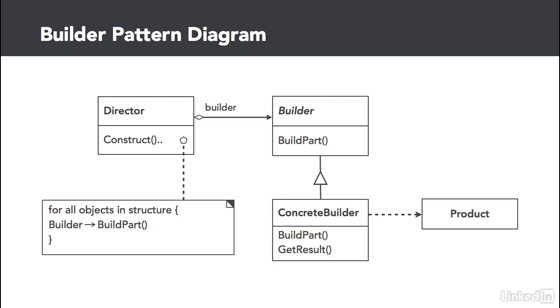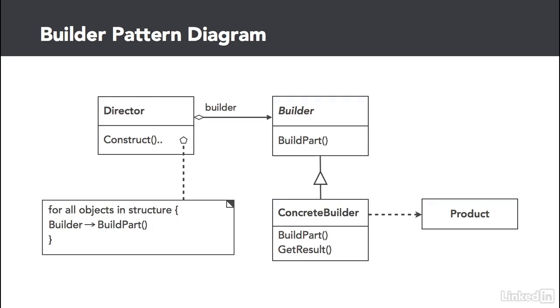It also provides an interface for retrieving the product. And lastly, to the right-hand side is the product, which represents the complex object itself that's under construction. The concrete builder, to the left of it, builds the product's internal representation and defines the process by which it's assembled. This is going to make much more sense with our example.